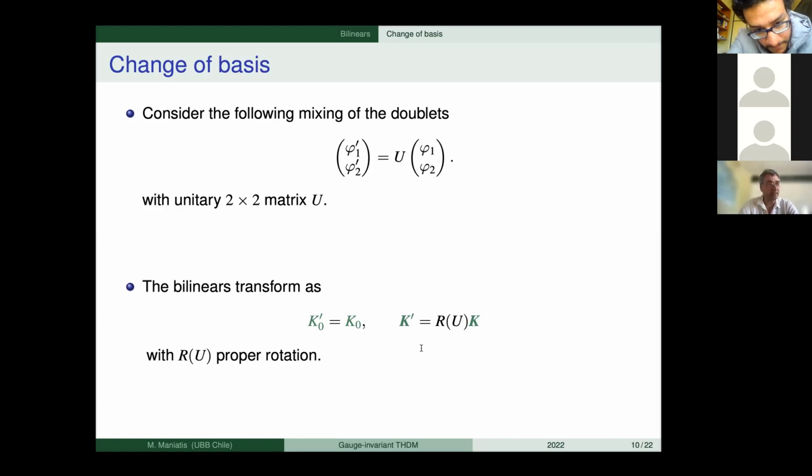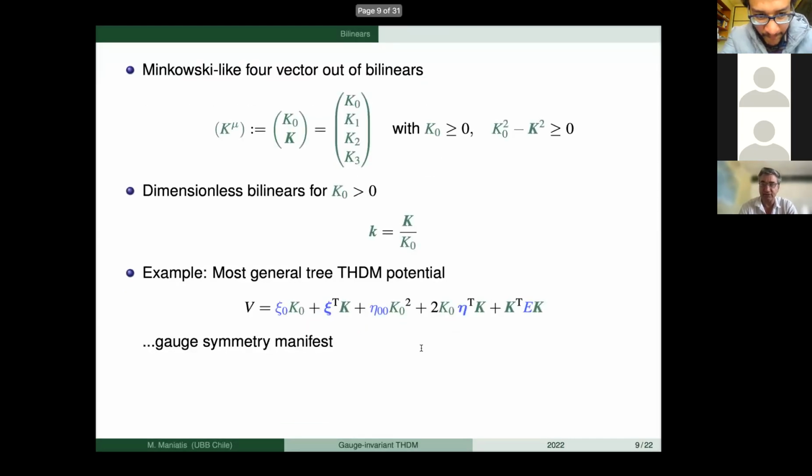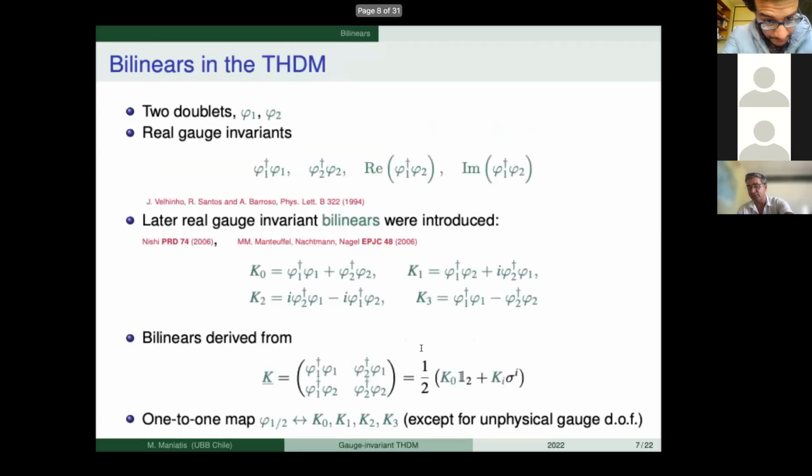And you find lots of discussion about Two-Higgs doublet models, and you can see that many models are just related by basis transformation. You can easily detect this if you transform, for instance, the potential to bilinears. This is easily done. You start just by these relations, and you invert them.